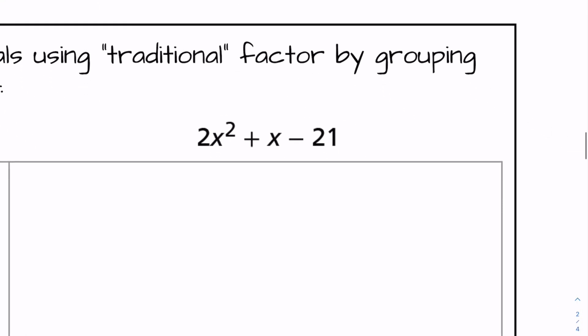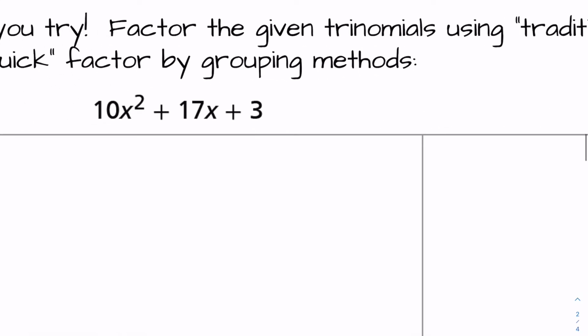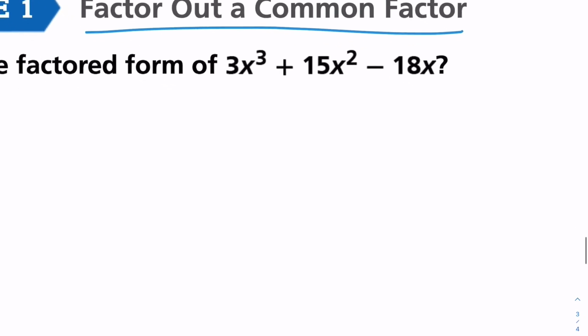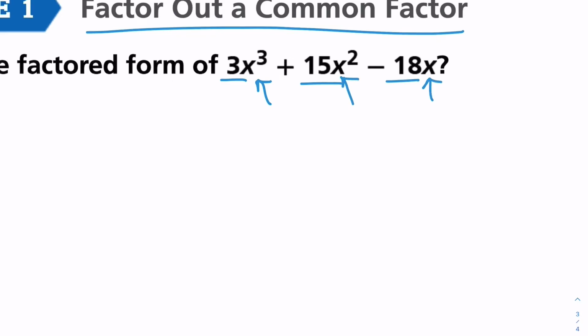This one, there's a 2, a 1, and a 21. Well, that's a mess. This one's a 10, a 17, a 3. Nothing in common. But let's take a look at this one. Our example 1, which is why I left it to the end, is because this has a 3, this has a 3, and this has a 3. Also, looks like that has an x, that has an x, and that has an x.